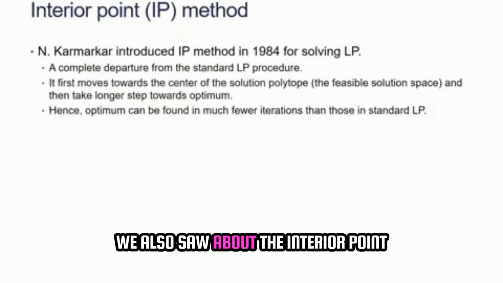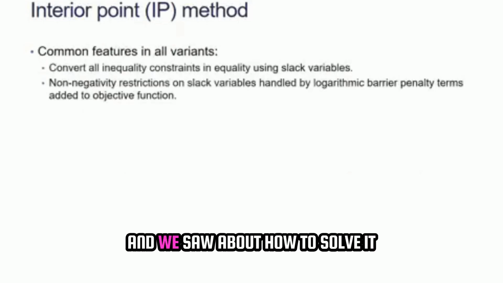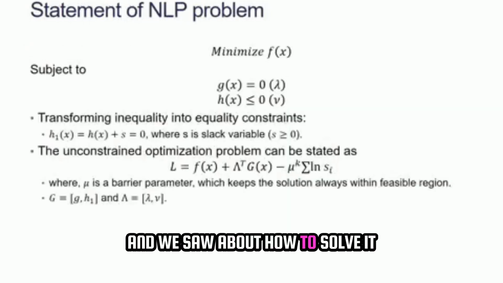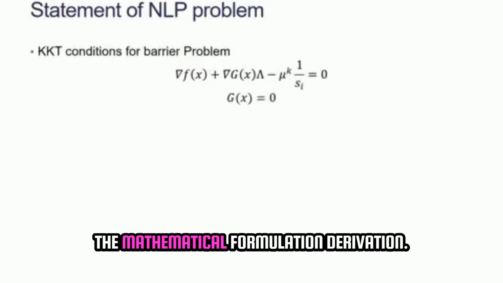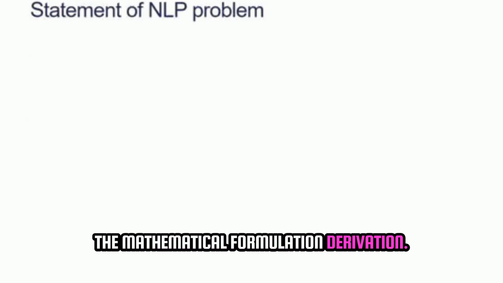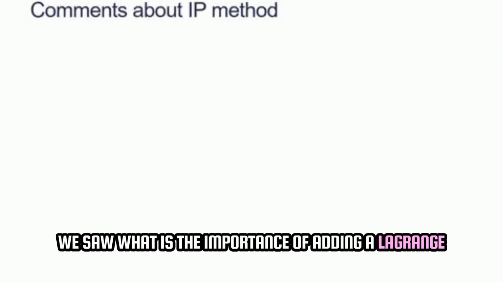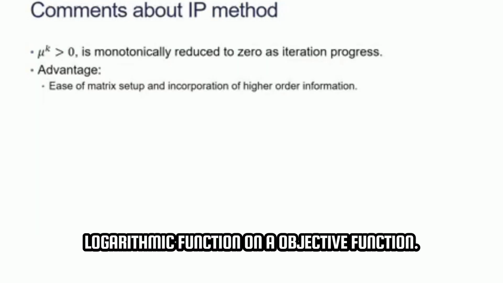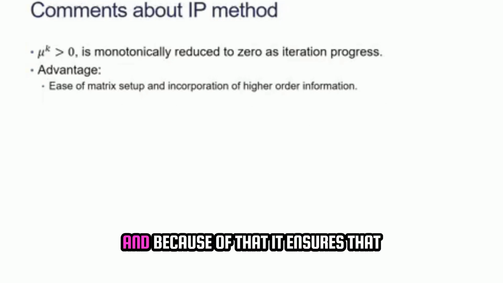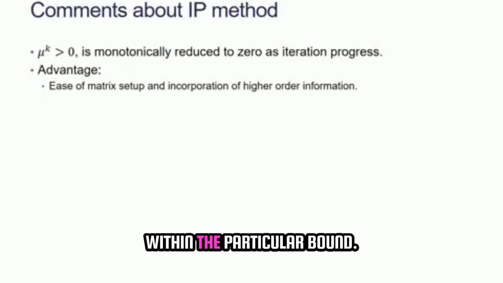We also saw the interior point method, how to solve it, the mathematical formulation, the equation. We saw the importance of adding a Lagrange logarithmic function to the objective function, because of which it ensures that the optimization process remains within the particular bound.